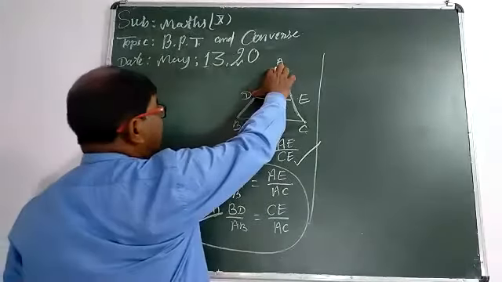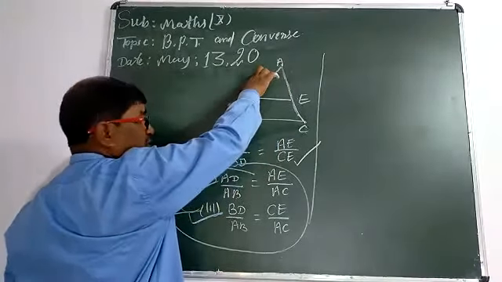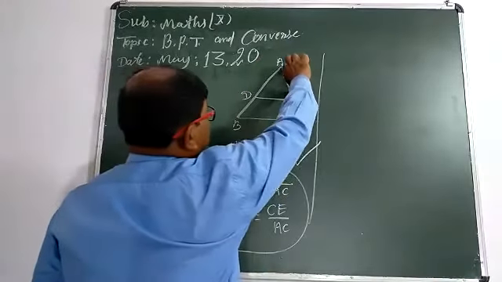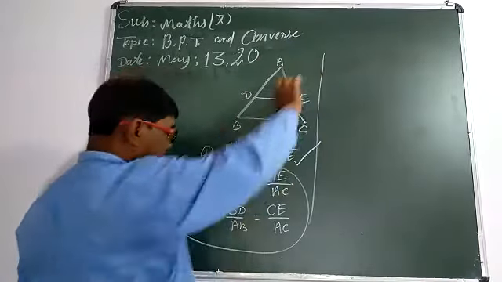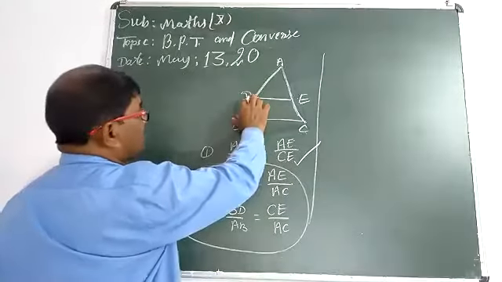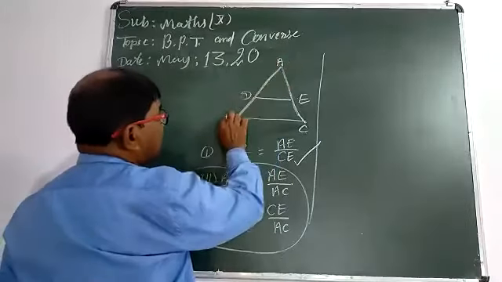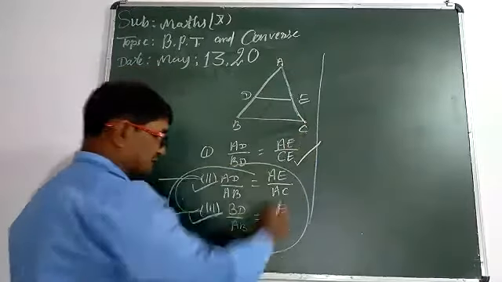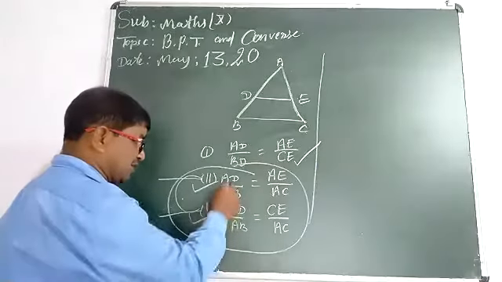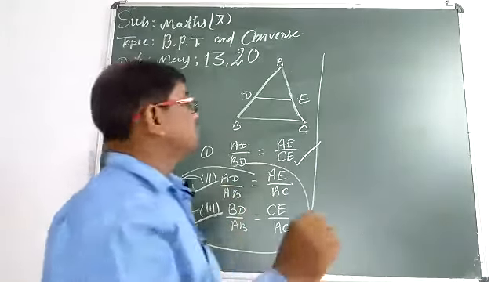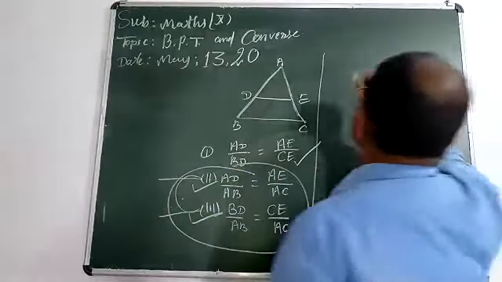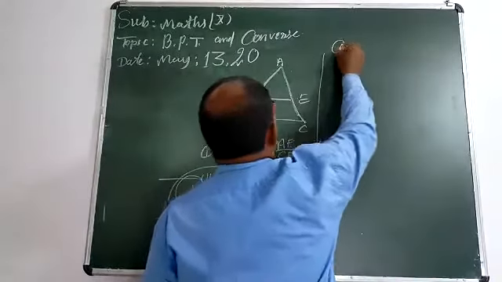One is AD upon AB equals AE upon AC, and the second is BD upon AB equals CE upon AC. Are these two possible or not? We are going to check. So take down the corollary.